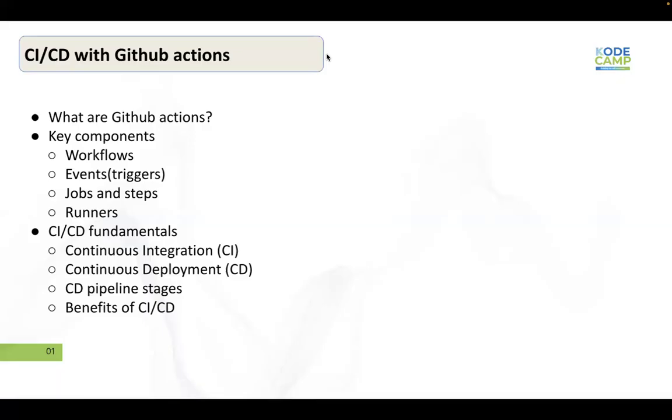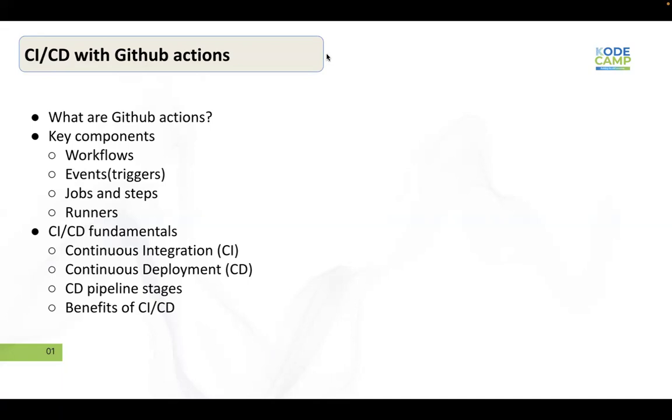When it comes to key components of GitHub Actions, the first is workflows, the second is events, the third is jobs and steps, and the fourth is runners. What actually are workflows? Workflows are just YAML files defining automation sequences.